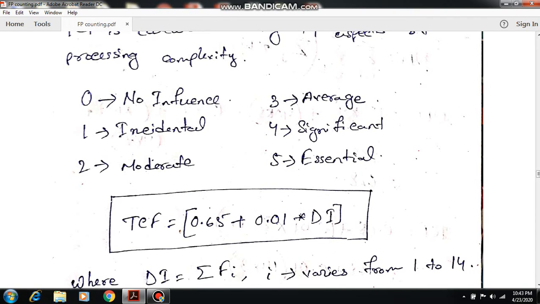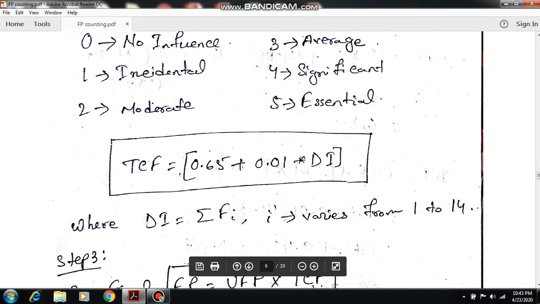So this is the question. You can say that this is no influence, or incidental, or moderate. You can choose any of these. In your examination you don't need to think about this. This value will be given in your problem sum.